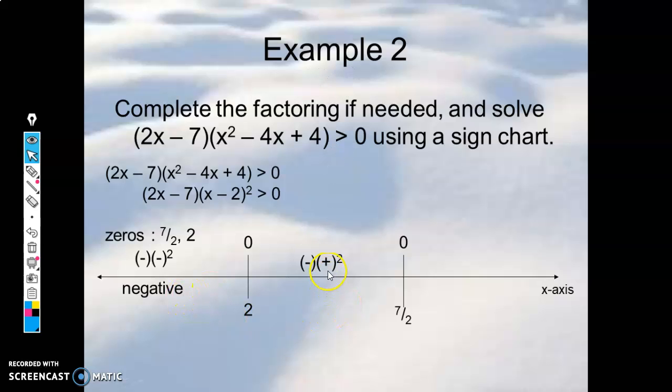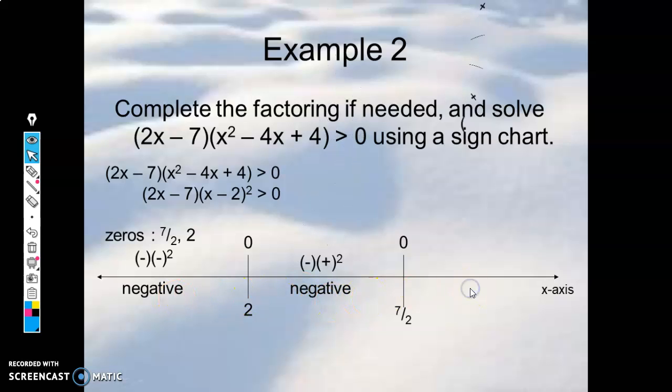So here they're substituting it into the factored version of it rather than into the original function. But that's okay. You can put it into either one. It doesn't really matter as long as you get the signs right.